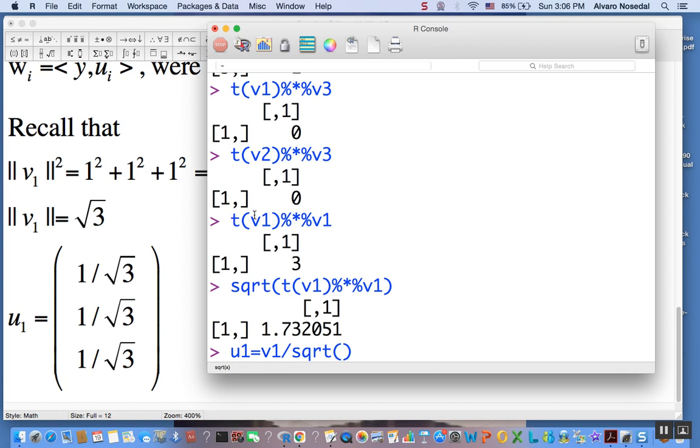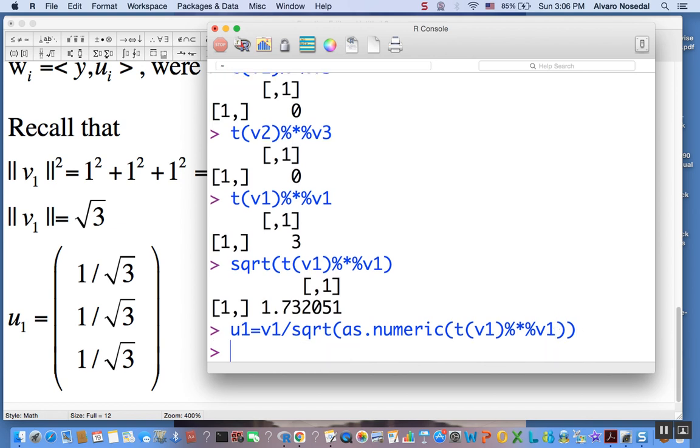But see that we have a 1, 1 here, something that looks like a matrix, so I just want to make sure that R regards this as a number. So as numeric, that's the squared norm of v1, then we take the square root, and we do v1 divided by the square root of the squared norm, meaning just the norm. That's going to give you your guy here. So that would be u1, 1 over the square root of 3 in this case.